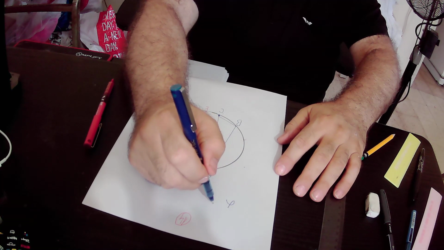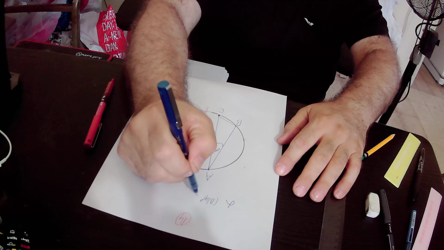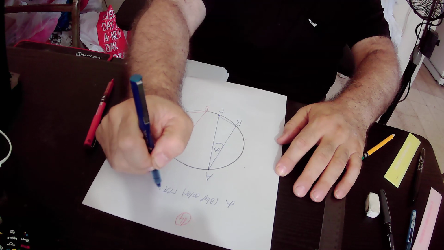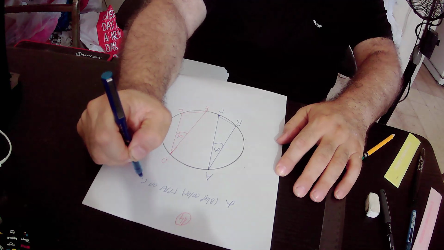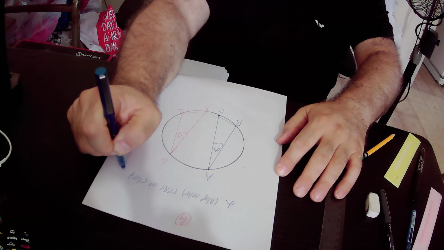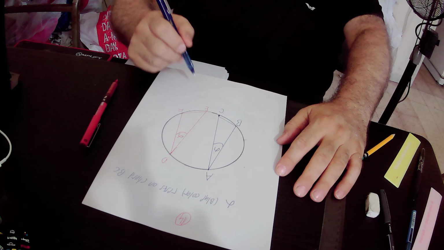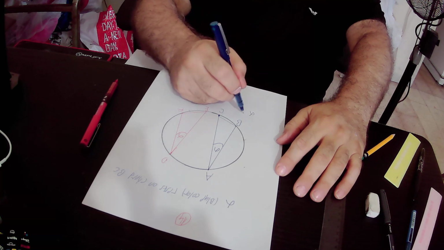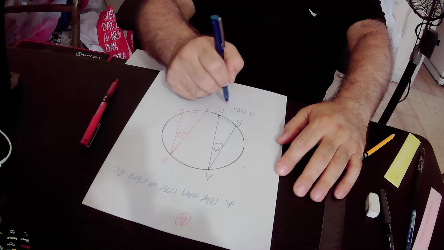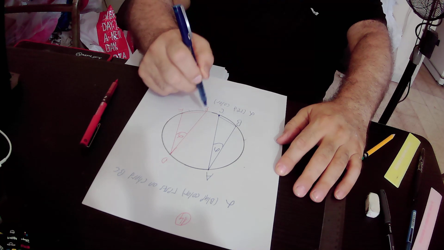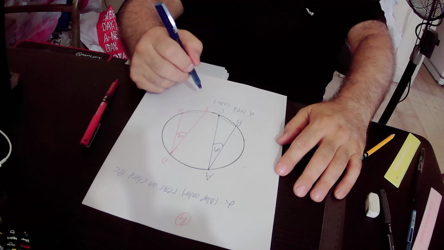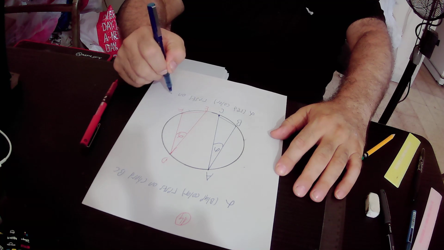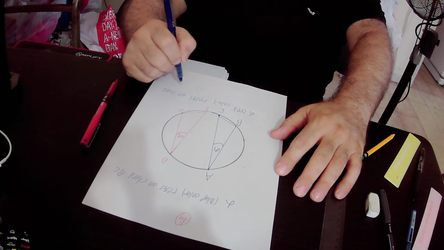Alpha blue color rests on chord BC, and alpha red color, this angle alpha in the red color, rests on chord EF.